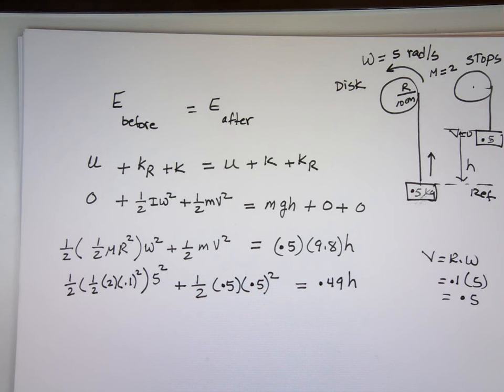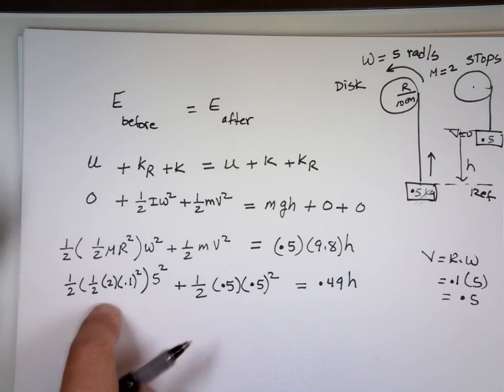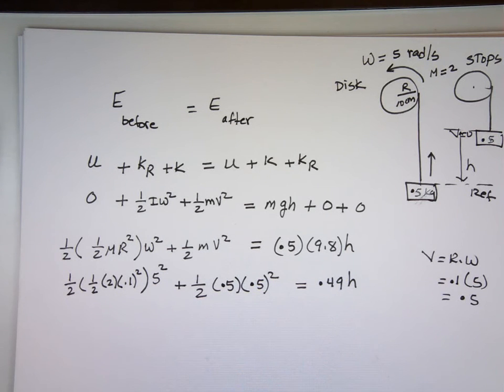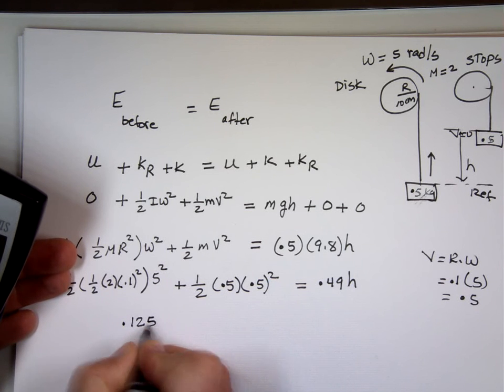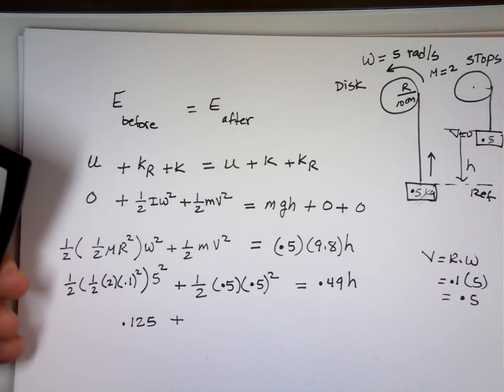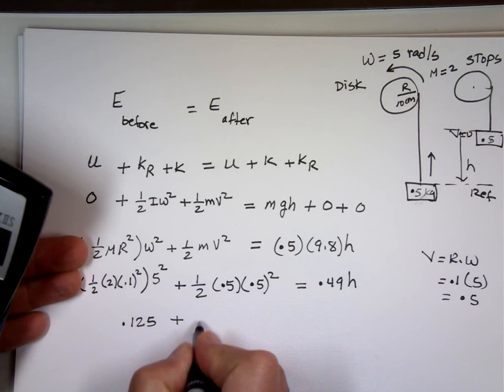Now I just got to plug in the numbers, solve for H. Okay, let's see. Got to keep my eyes open on this one because I'll probably screw things up. 0.5 times 0.5 times 2 times 0.1 squared times 5 squared. This number is 0.125. 0.5 times 0.5 times 0.5 squared. 0.0625.